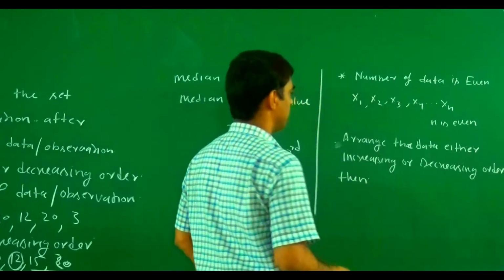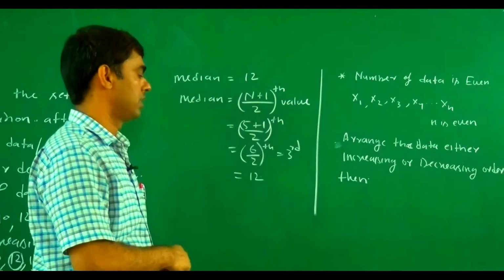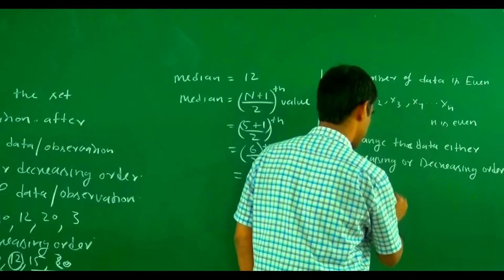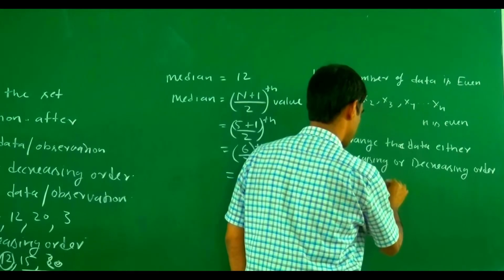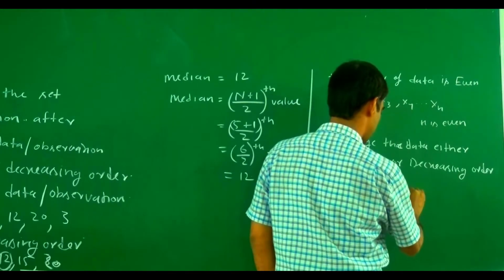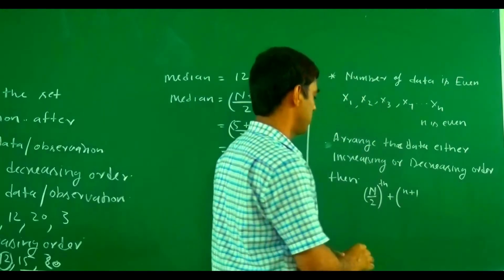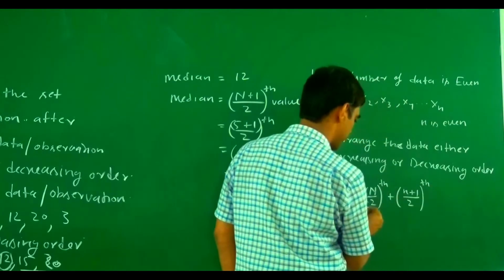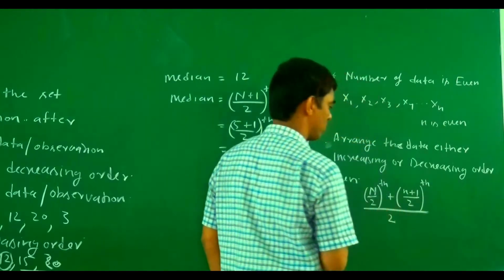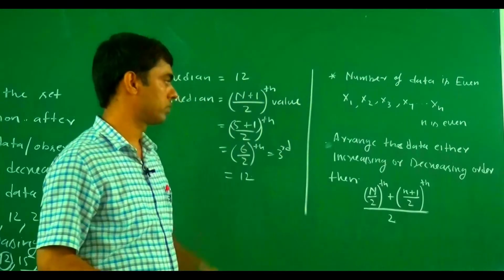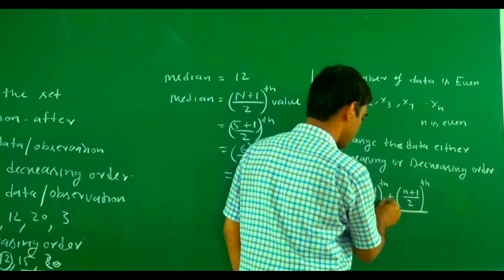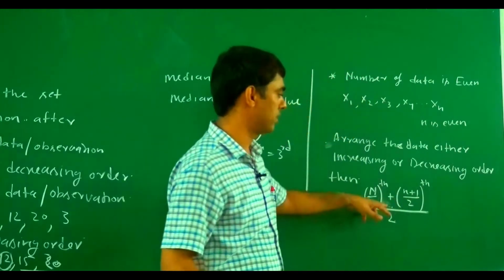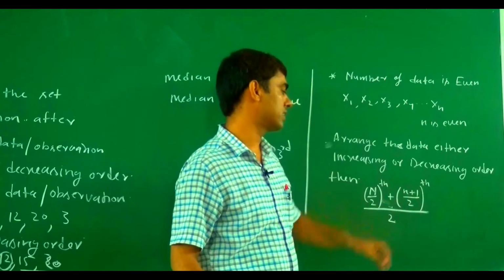Then the value becomes the n by 2th data plus the (n plus 1) by 2th data, divided by 2.